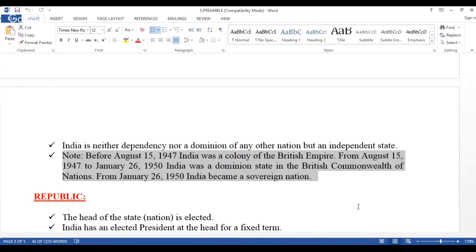From January 26th, 1950, India became a sovereign nation, right?